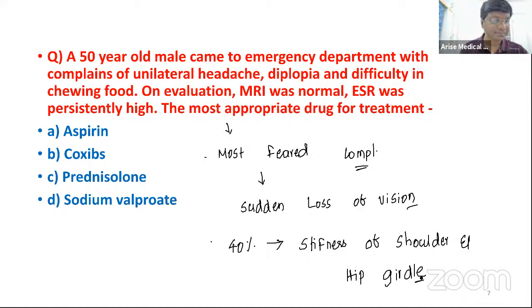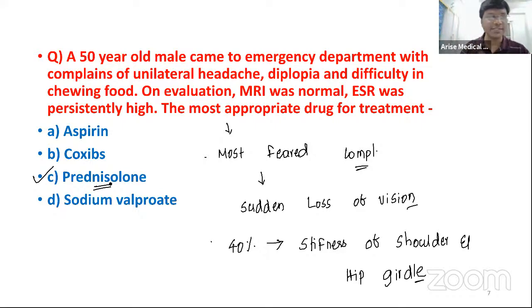So that will be seen in almost 40% of patients. And in case of giant cell arteritis, what is the drug of choice? That is your steroids, right? Okay, so this completes the discussion on the very important topic, giant cell arteritis.